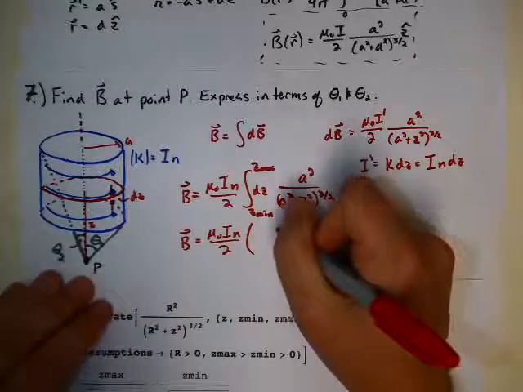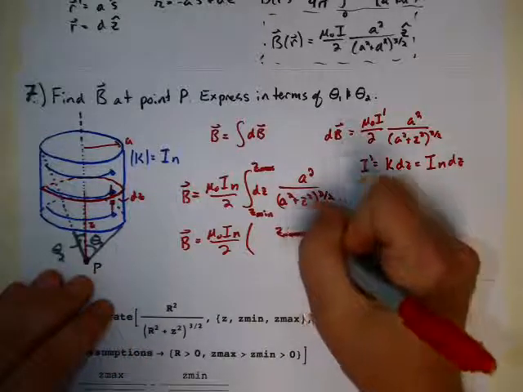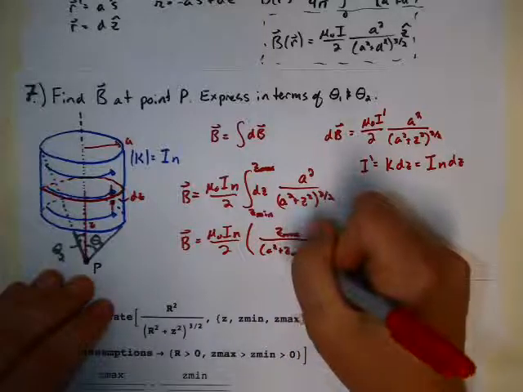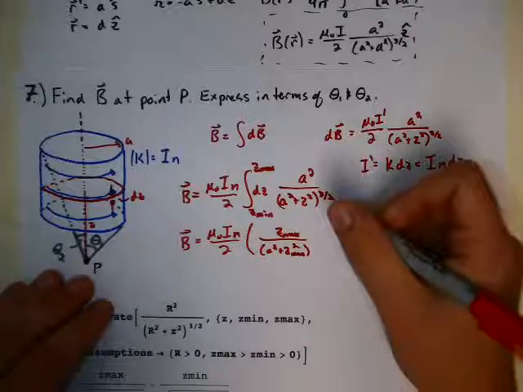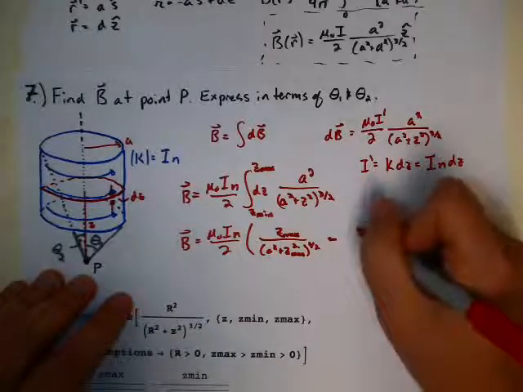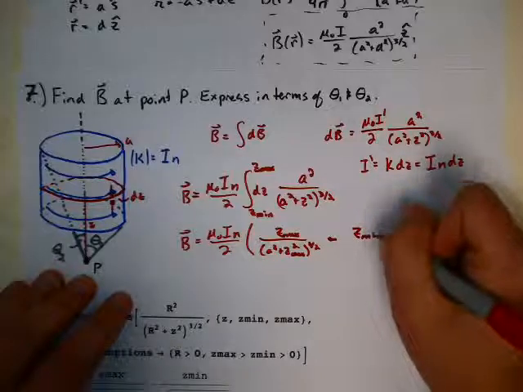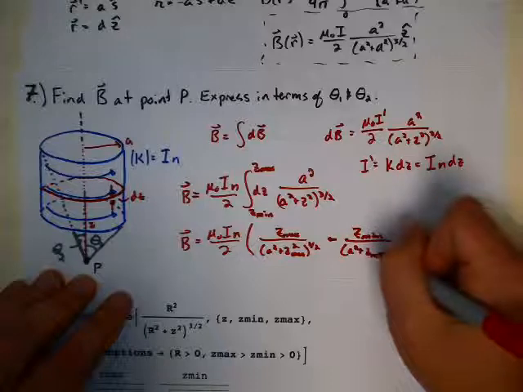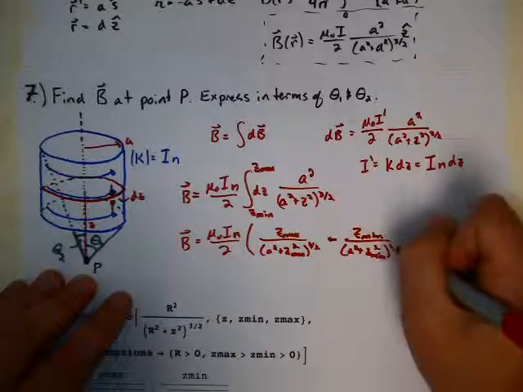I would get z max over the square root of a squared plus z max squared, minus z min over the square root of a squared plus z min squared.